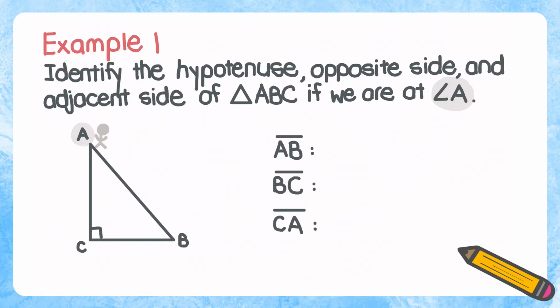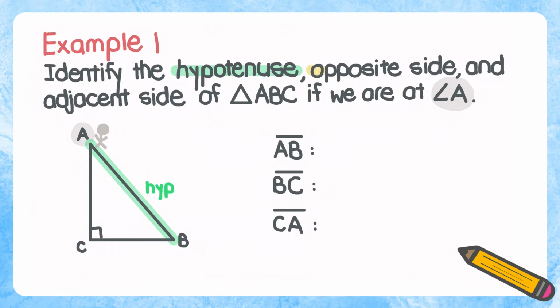And we're going to identify the hypotenuse, opposite side, and adjacent side based on where we're standing at angle A. First, let's find the hypotenuse. The hypotenuse is always across from our right angle. So this side right here, side AB, is our hypotenuse. I'm going to abbreviate this and just write HYP.